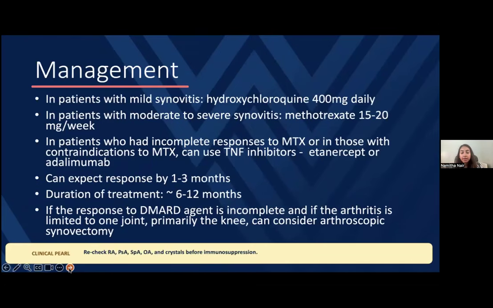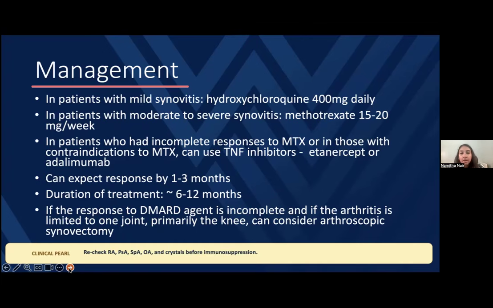So how do you manage these patients? This is where rheumatology comes into the picture, mainly with DMARD management, because now the patient is having a true inflammatory arthritis. And so here, in patients who have mild synovitis, we choose Plaquenil or hydroxychloroquine, weight-based dosing up to 400 milligrams daily.